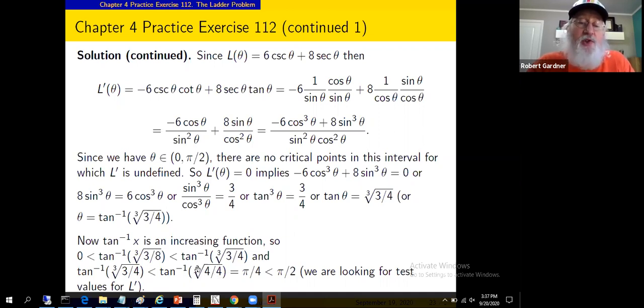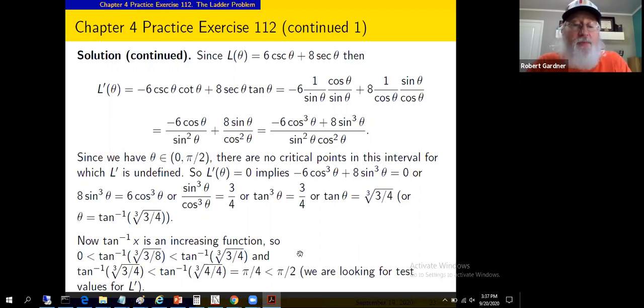It's an increasing function, so I get something bigger out. But this time I actually know what it is. Cube root of 4/4 is 1. The tangent inverse of 1 is pi/4. So we're going to use the tangent inverse of the cube root of 3/8 and pi/4. We're going to use those two values for test values in a little while. They're in the right place.